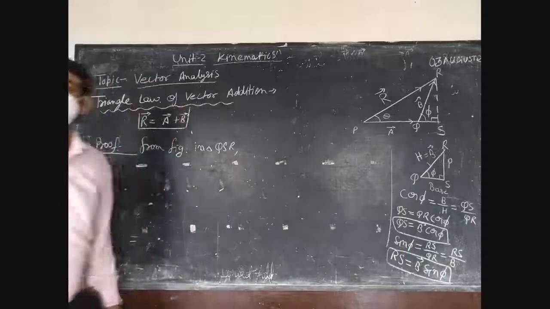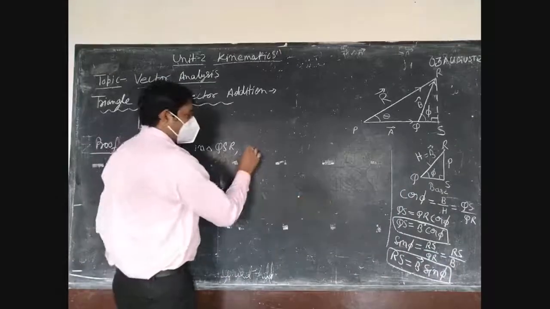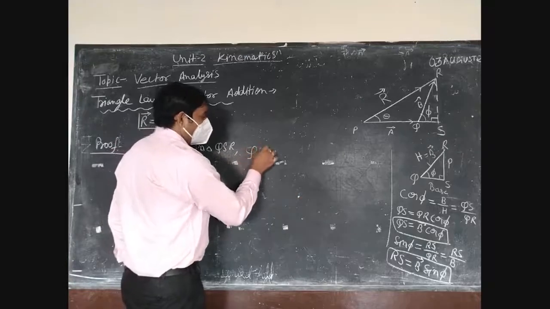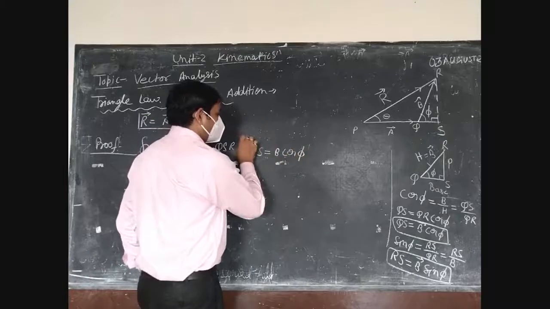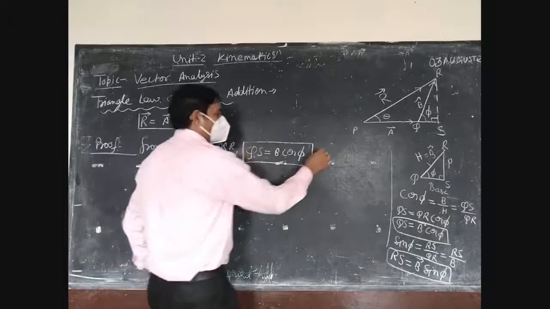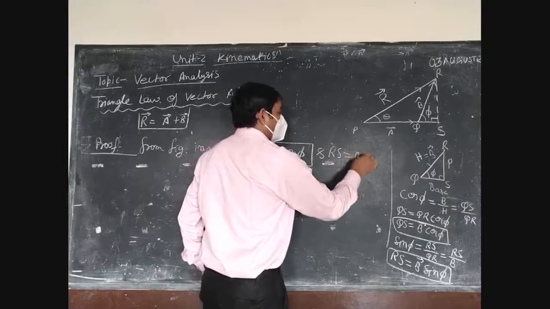Okay. Now in this triangle we have QS equal to B cos phi and RS equal to B sin phi.